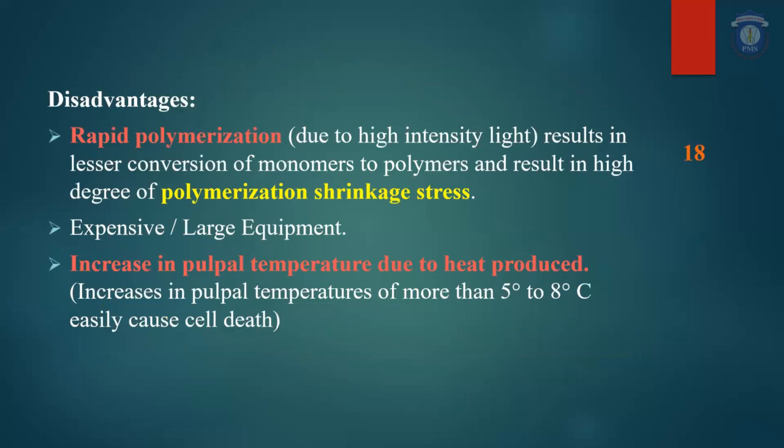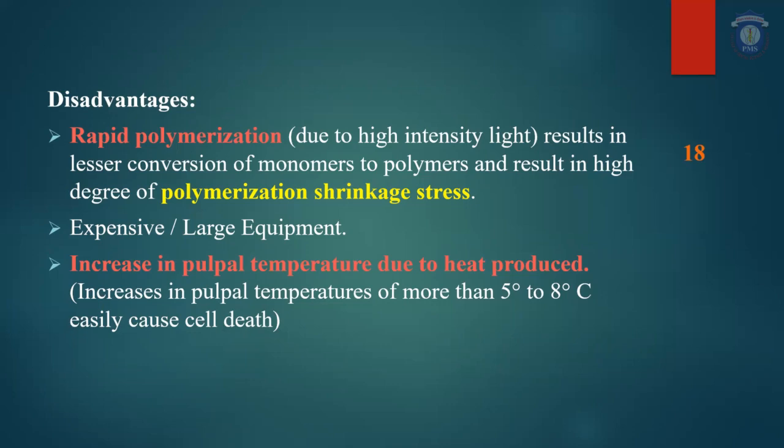Now, even though I mentioned rapid curing as an advantage, because of its high intensity and rapid curing, we end up having a rapid polymerization. That is, the monomers are converted to polymers at a rapid pace.